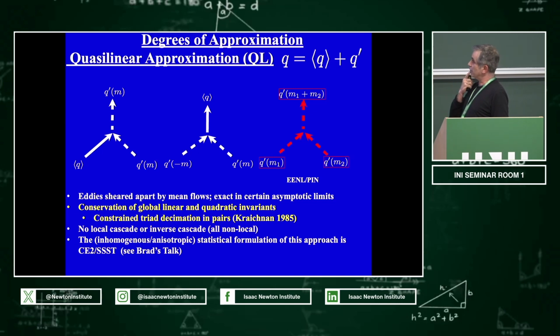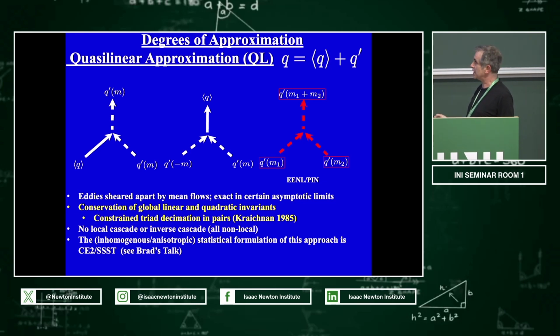And the quasilinear approximation involves only keeping certain interactions, okay? So we would keep the interaction of a mean with a fluctuation to give us a fluctuation, and we'll keep the fluctuation interactions that give us back the mean. But we're going to get rid of the fluctuation going to other fluctuations.